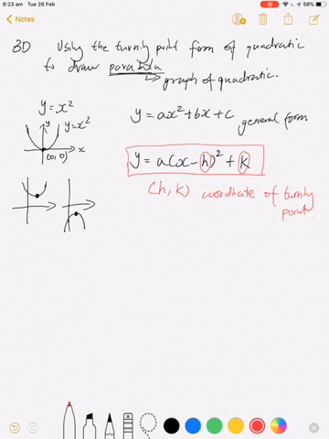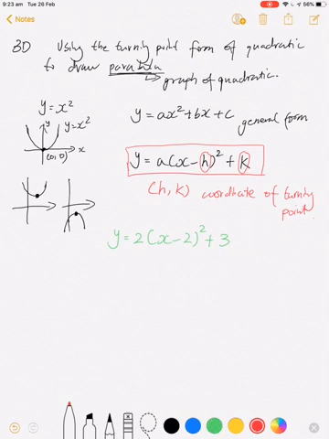For example, if I have y equals 2 times (x minus 2) to the power of 2 plus 3.